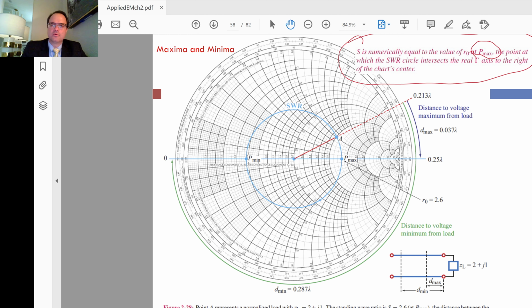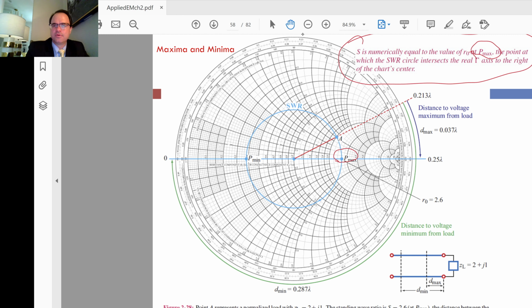Where we have a voltage maximum will be right here, right where the circles that define the standing wave ratio intersect the x-axis. We will have a voltage maximum there, and we will only have an effective resistance of the line at that location.